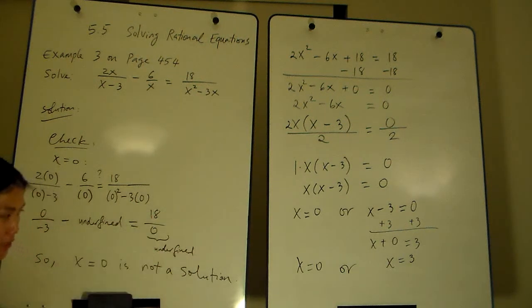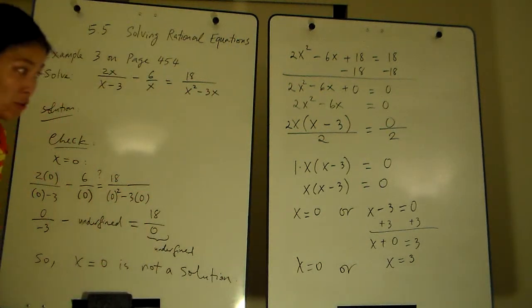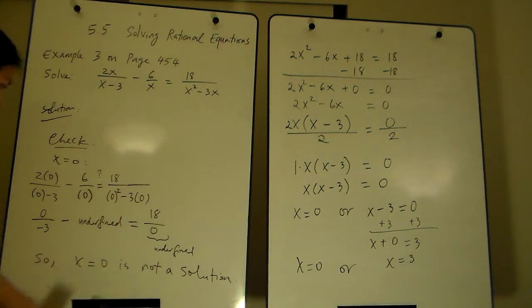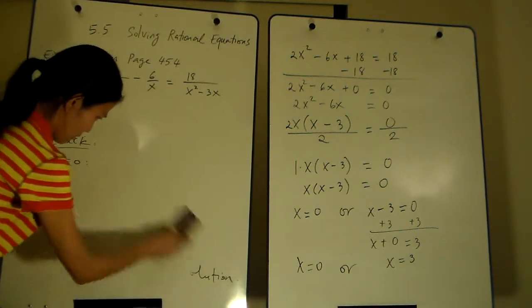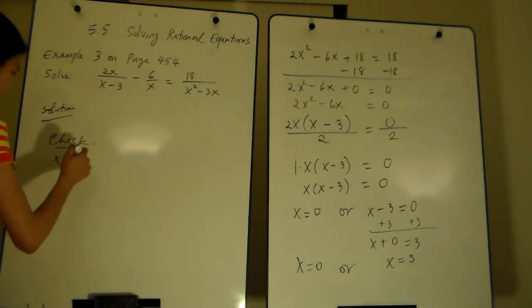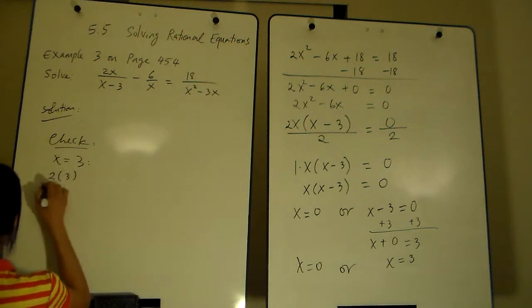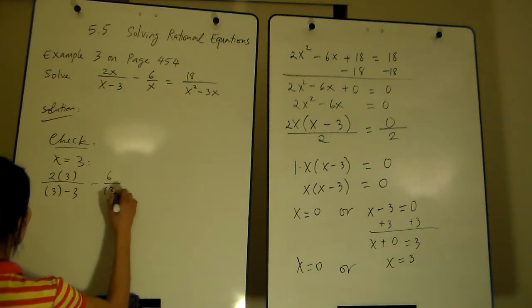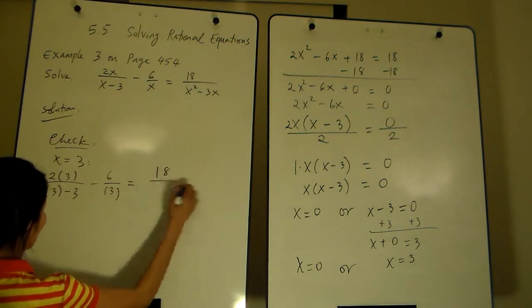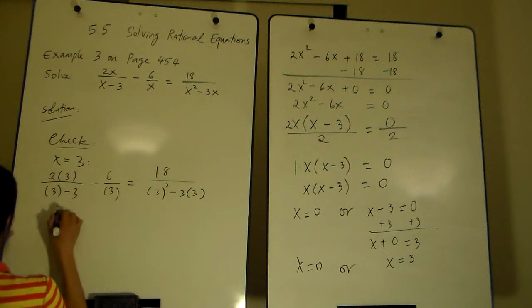Now let's check the solution x equals 3 to see if it is also a solution or not. Okay, I'm going to make some space and take all these out. So x equals 3 this time, we check. 2 times 3 divided by 3 minus 3, subtract 6 divided by 3, equals 18 divided by 3 squared minus 3 times 3. 2 times 3 is 6. 3 minus 3 is 0.